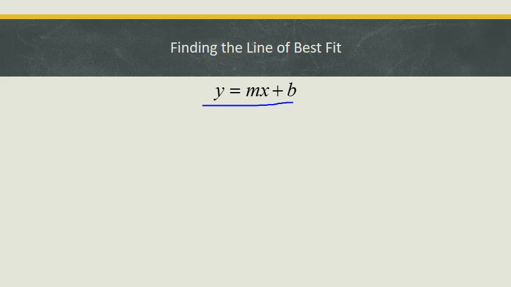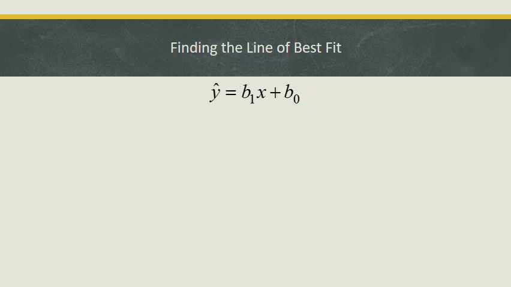The two parts of the line equation are m, the slope or gradient, and b, the y-intercept. Well, we're going to change notation for reasons that will make more sense later on. Now, b1 represents the slope and b0 represents the y-intercept.